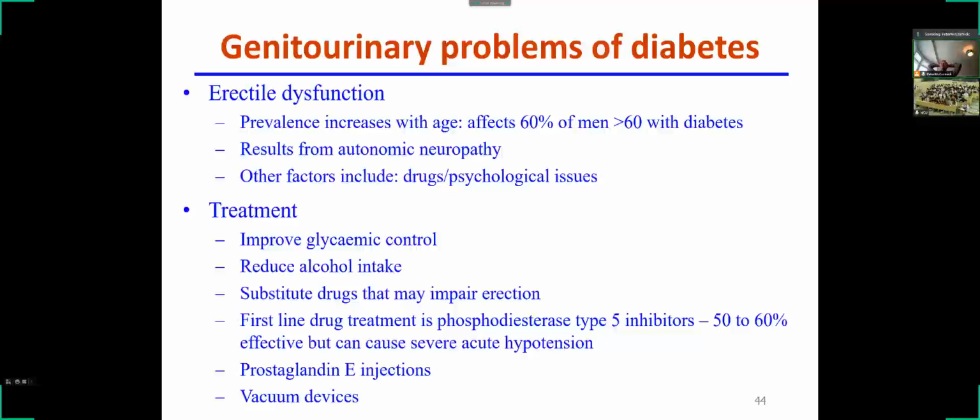And a first-line drug treatment, phosphodiesterase type 5 inhibitors, 50 to 60% effective for treating, but can cause a severe acute hypertension. And obviously there's a variety of other approaches that can be used, including prostaglandin injections and vacuum devices to help the patient.